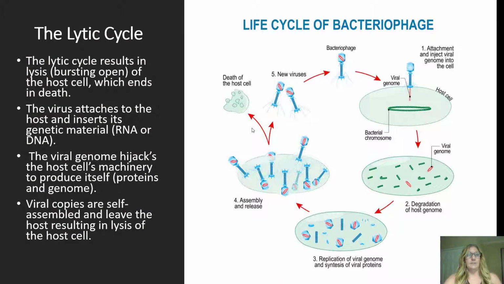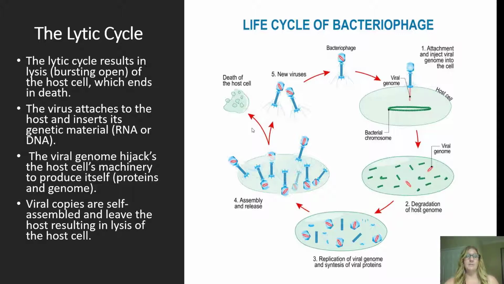The lytic cycle ultimately results in lysis. Lysis means to cut, but you could also think of it as bursting open of the host cell, which of course leads to death. The virus is going to start the process by infecting the host, and it does this by usually attaching itself through a lock and key mechanism and inserting its genetic material in the form of either RNA or DNA into that host cell.